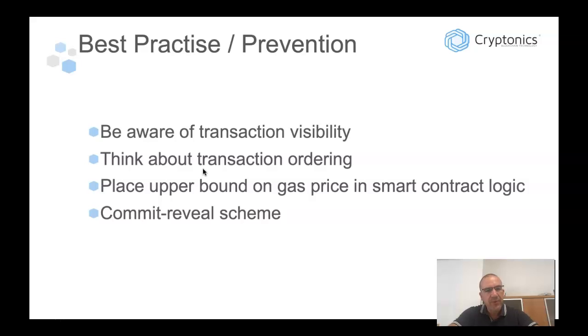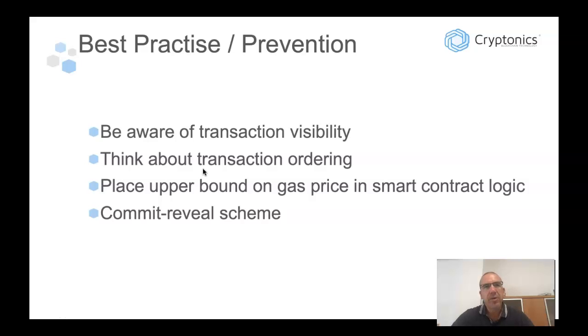So the first thing we have to do is to actually be aware that all transactions are visible, and not just for front-running issues. For any type of privacy, we have to take this into account. And we have to think what happens when the transaction order is changed in any way, and think about potential impacts and variations of the flow of what we want to achieve with our smart contracts.